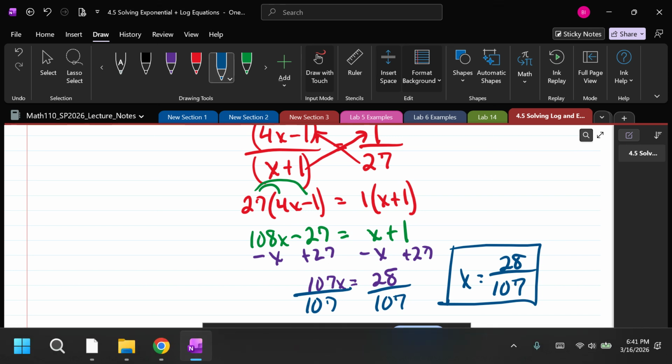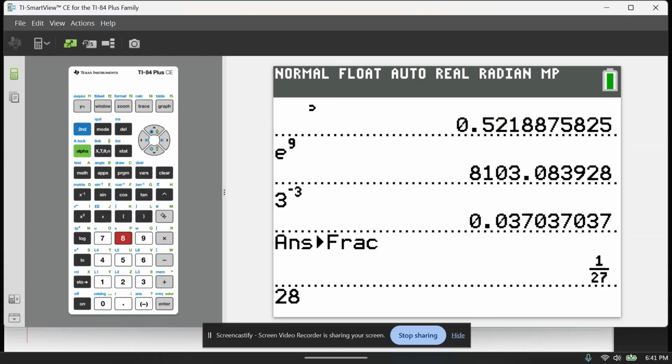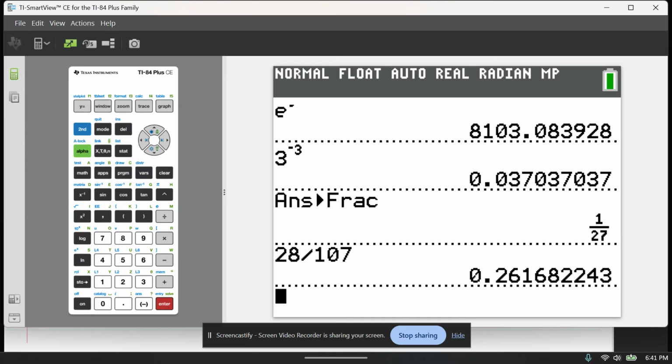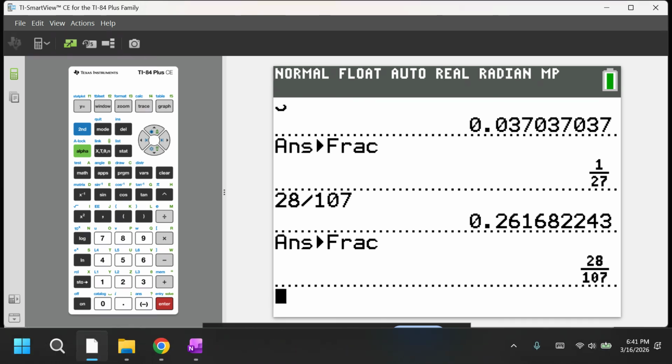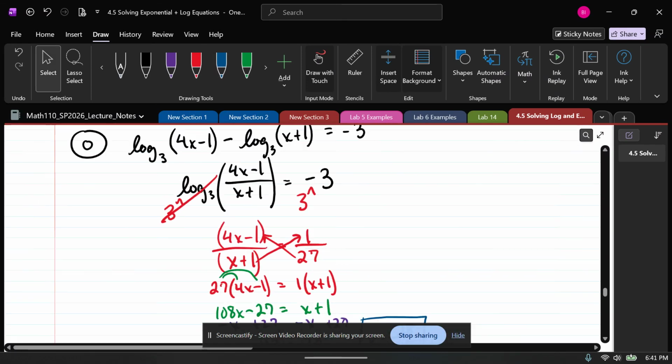If I'm not sure, 28 divided by 107, math, enter. It'll reduce it for you, if it will. If that one doesn't. Now, still got to check that because it was a logarithm problem.